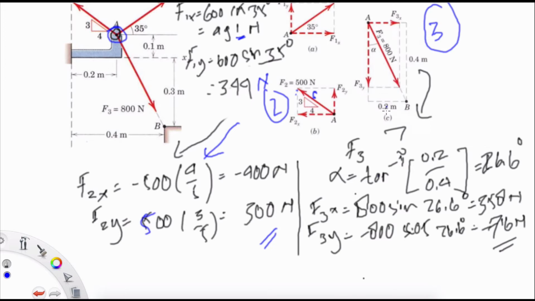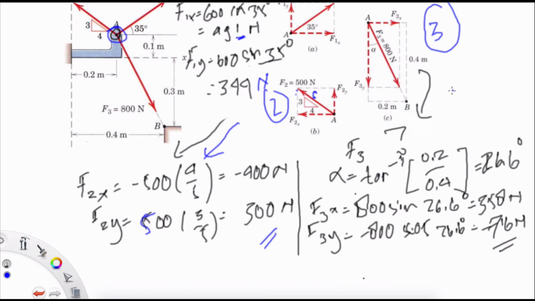So we can use one of the formulas I gave in the previous video: alpha is equal to tan to the power of -1 of fy divided by fx, but I'm using fx divided by fy here.